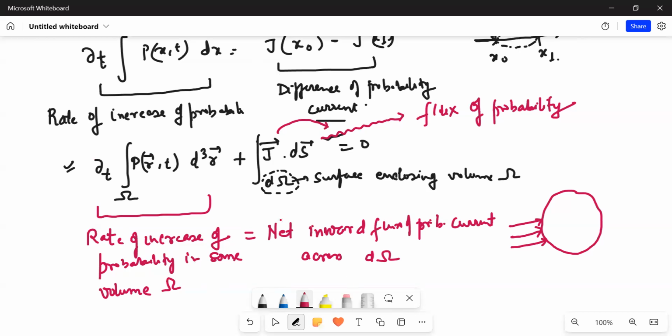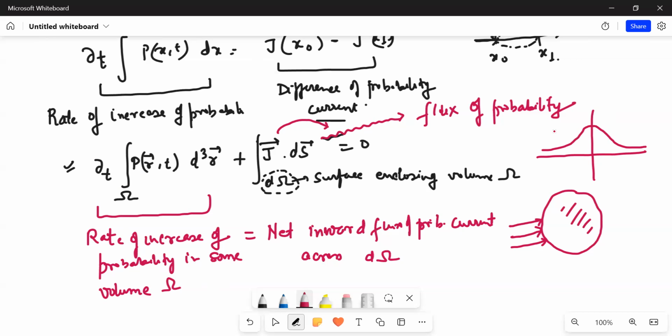So it implies that if the probability in a volume is increasing, it is equal to the net inward flux. This inward flux would be coming from some region. Since total probability is a constant, if probability is increasing in some region, it should decrease in some other region in order to keep the total probability constant.